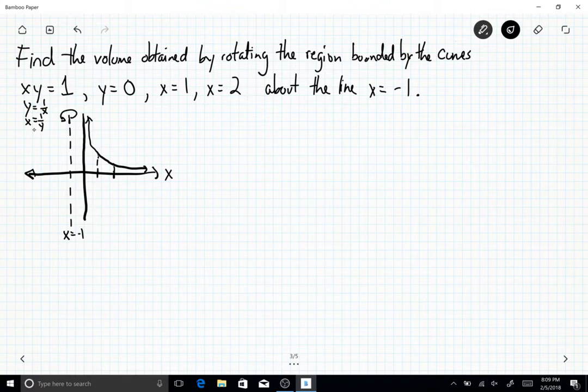Okay, so if we're revolving around this axis, then it's going to be different in terms of the bounds. We can't put it in terms of x as of yet. Soon enough we'll learn a shortcut and how to do this and put it in terms of x, and everything will be hunky-dory. But for right now, we don't really have that. So we'll have to figure out a nice little way to set this thing up.